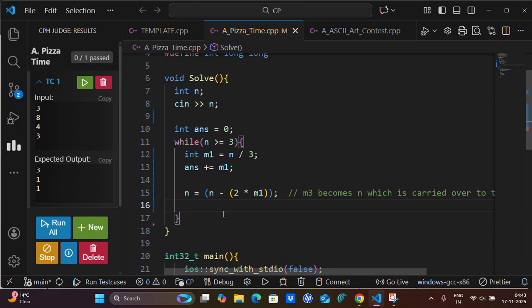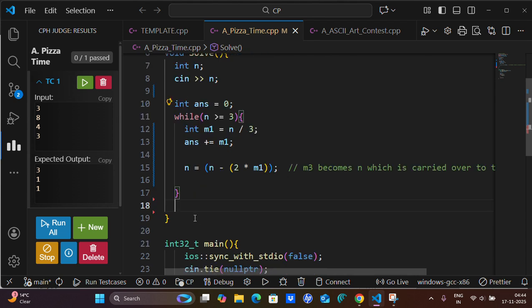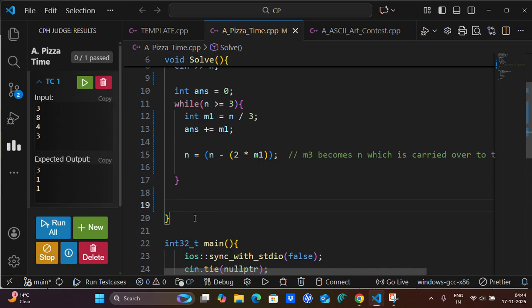Okay, and after doing all these things, this will keep on going until my n is greater than or equal to 3. If my n is less than 3, then obviously Alex will end up eating those pizza slices, so that won't be contributing to my answer. And after completing this loop, I can simply print out the answer.